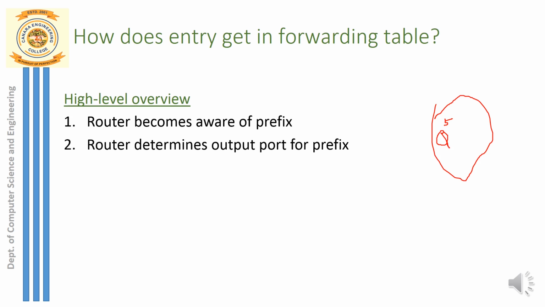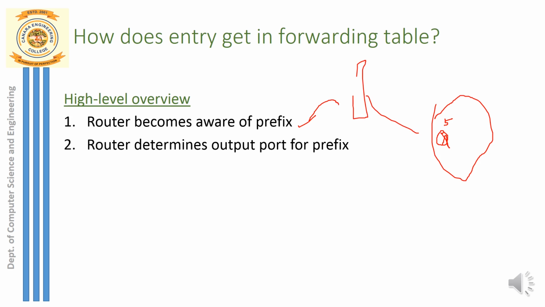The border router should be aware of all the other 4 routers connected to it, and all the subnets attached to these 4 routers, its prefixes and addresses should also be known to this border router. Through the intra-AS routing protocol, it can be aware of the prefixes there.